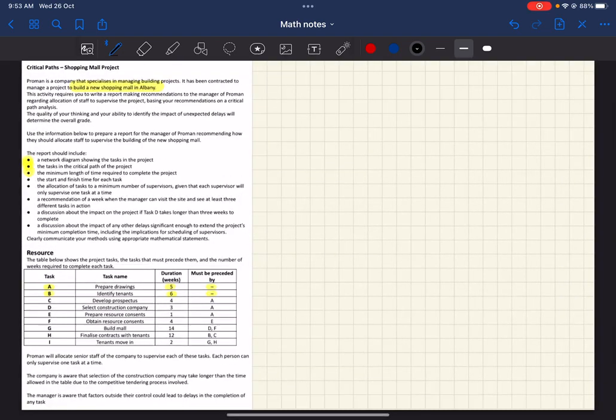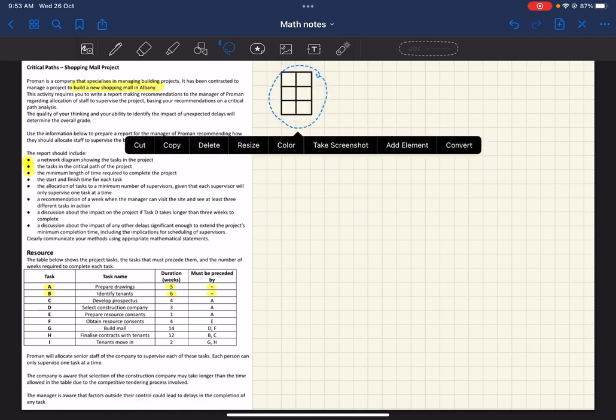So we start off with that, and we are going to draw a little square. Now I'm going to copy this to make my first one, and I'm just going to copy it over a bunch of times for each of my tasks.